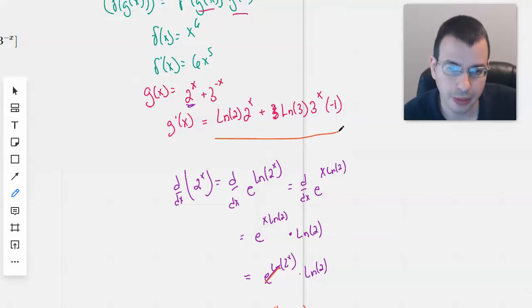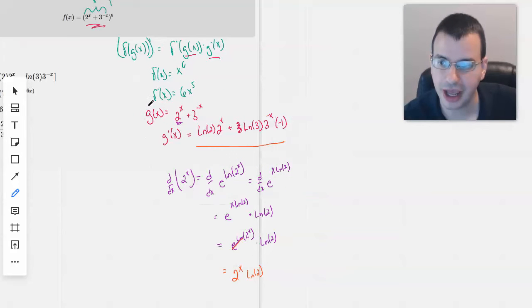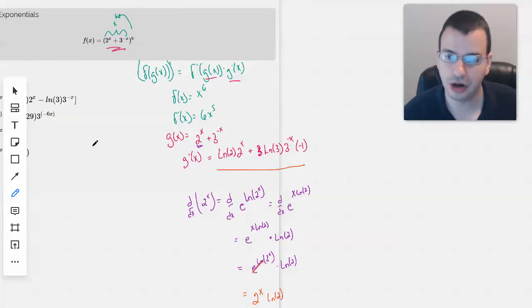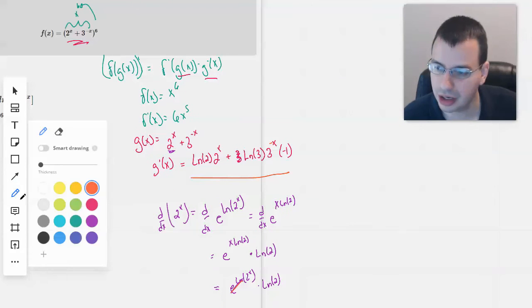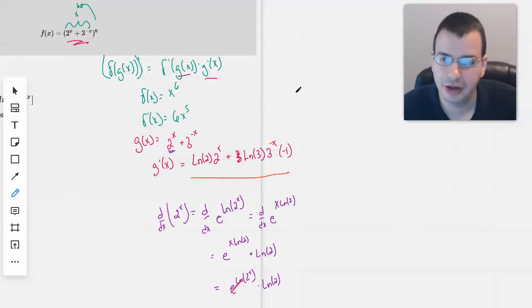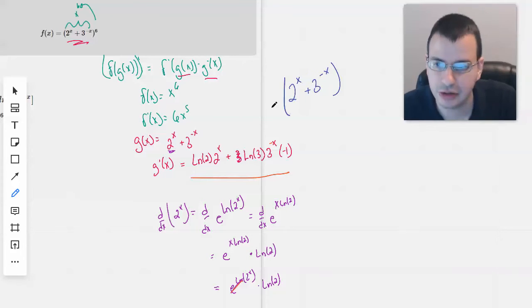Okay, so going back, this should be a negative because that negative should never have been lost. And then the negative 1 comes from the chain rule. Okay, so now we have f of x, f prime of x, g of x, g prime of x. And when we put all of this together, we will get something along the lines of... I like blue. Blue is a good color, very solid. So we have g of x, which is this one. So we have (2x plus 3 to the negative x) to the 5th times 6 times g prime of x, which is this one.